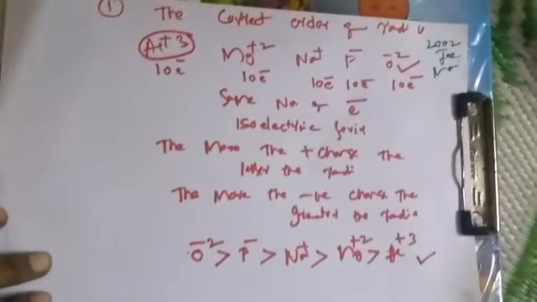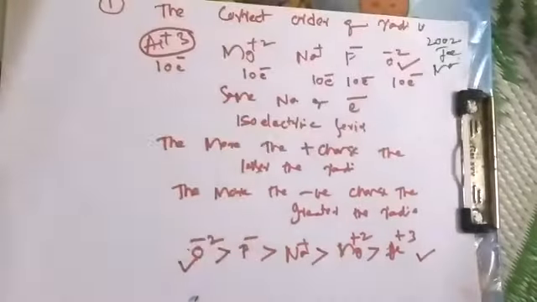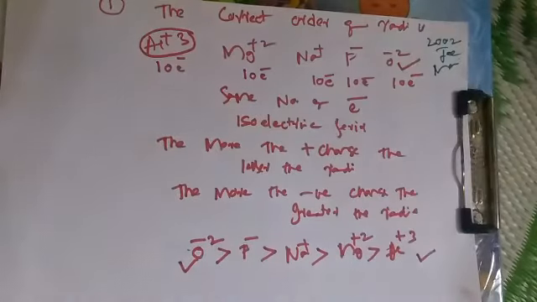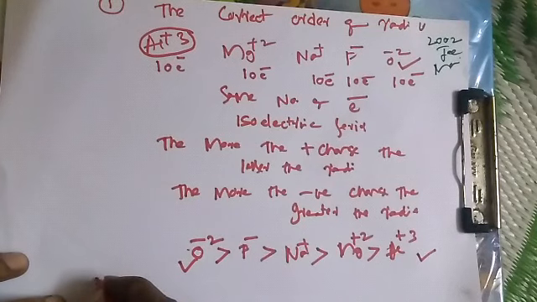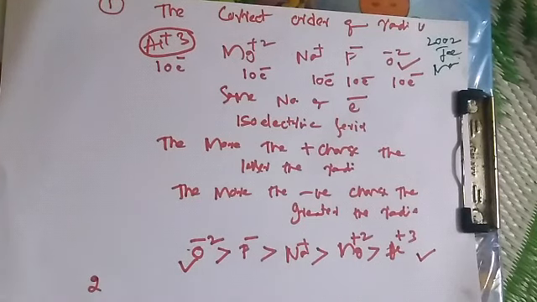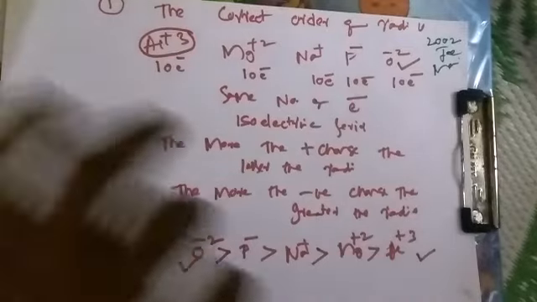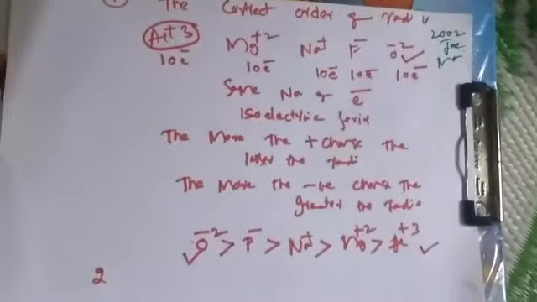The smallest radius is aluminum plus 3, and the largest radius is O minus 2. This type of question on the correct order of radii you may face in competitive examinations like JEE Mains and NEET.